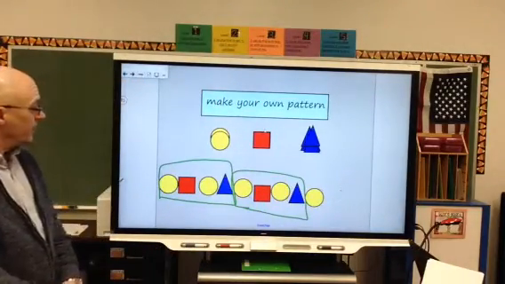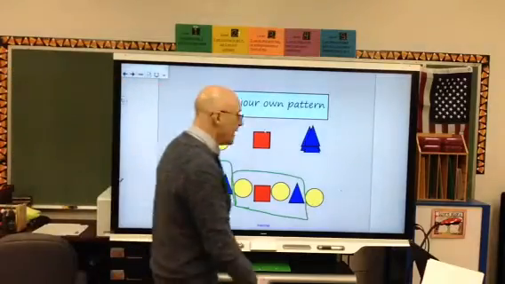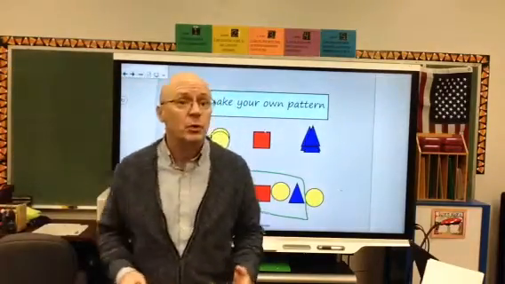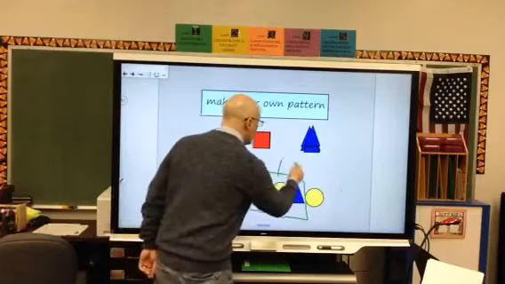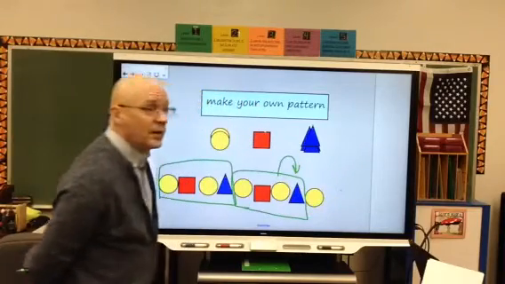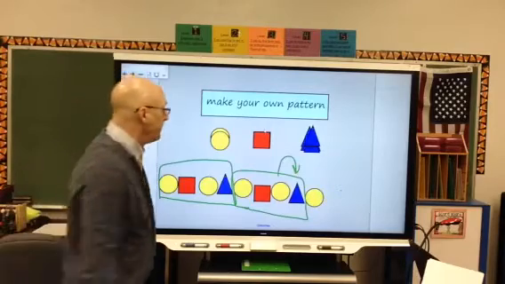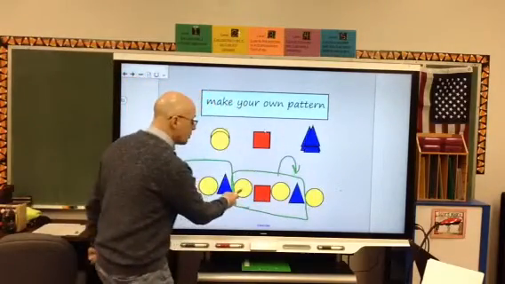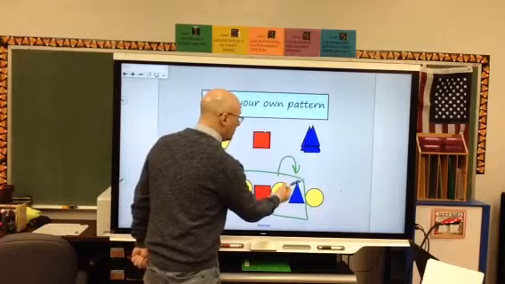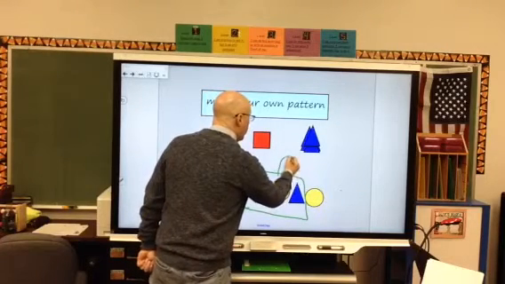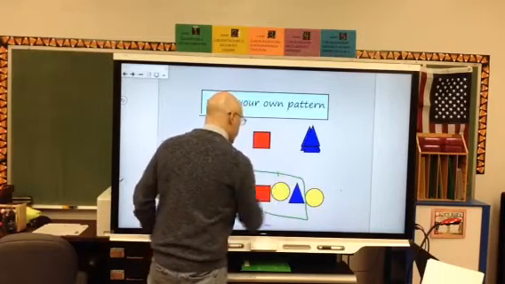It would be easy to put a triangle next if I looked back and asked what comes after circle. But that's not right, because the pattern is circle, square, circle, triangle. We didn't do the circle, square yet, did we?